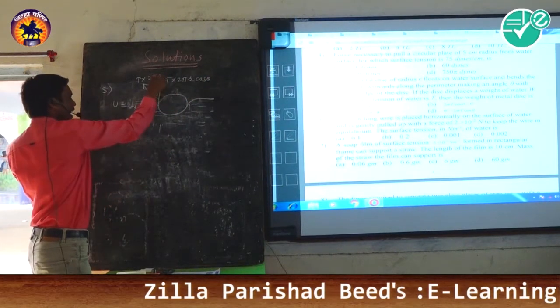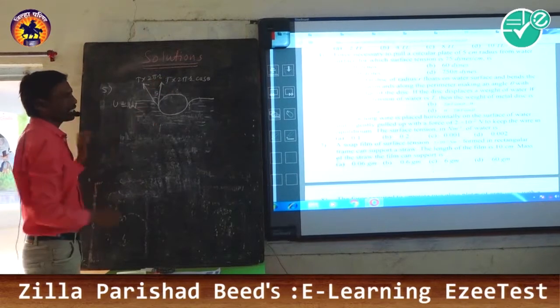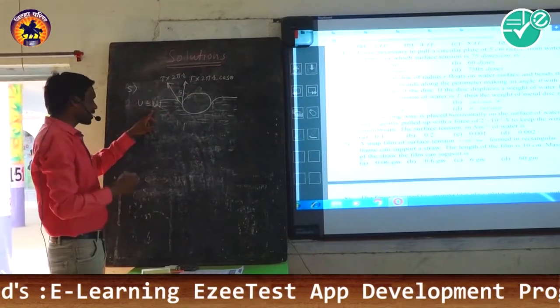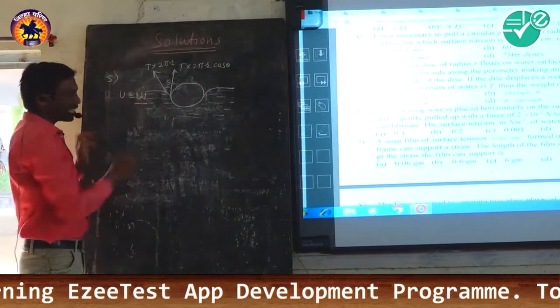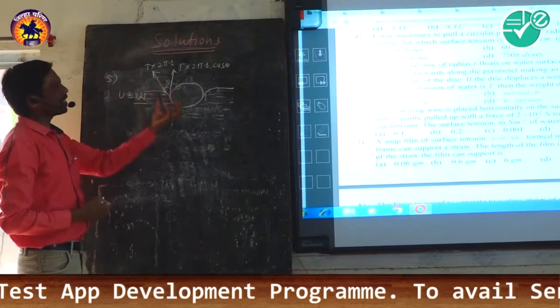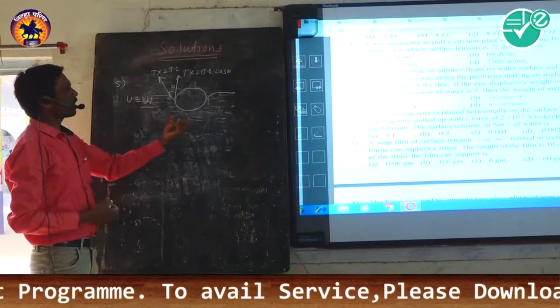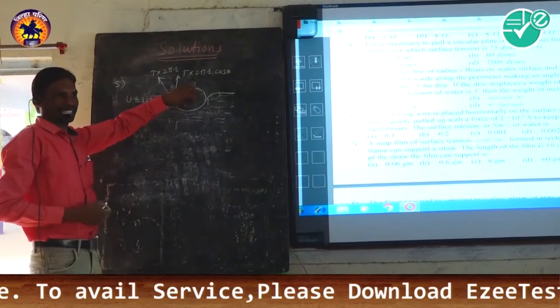It is the force acting on the disc in the upward direction due to the surface tension, and at the same time the disc displaces the water. It means there is an upthrust exerted on that disc, and that is equal to the weight of the water displaced by that disc.